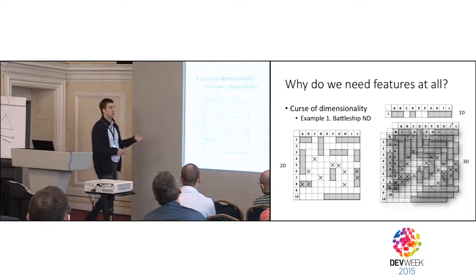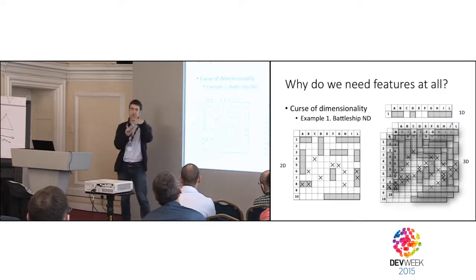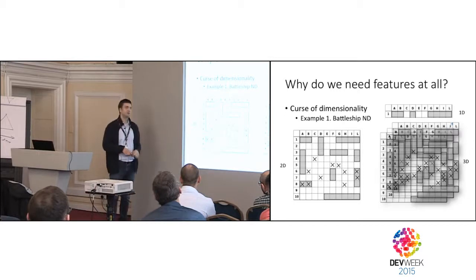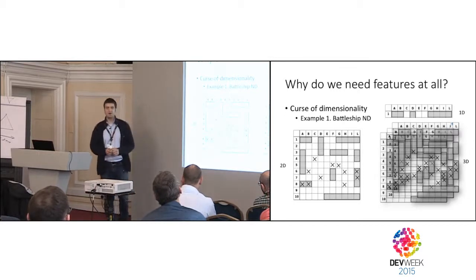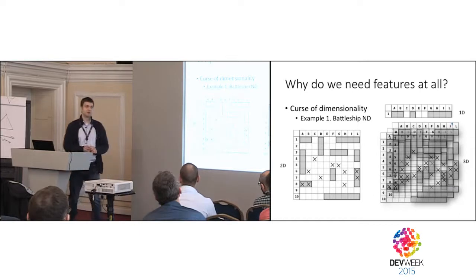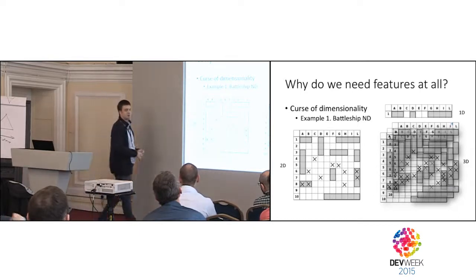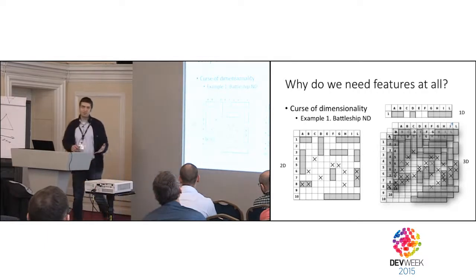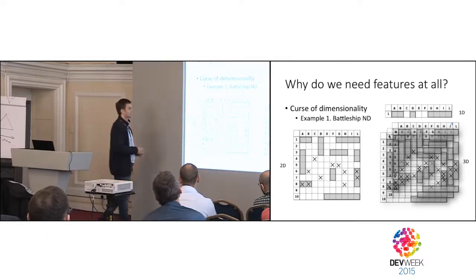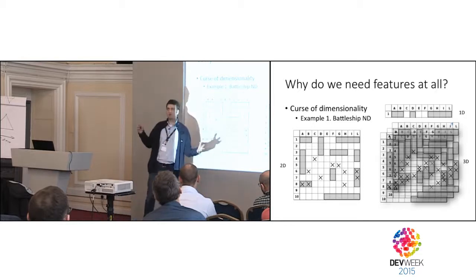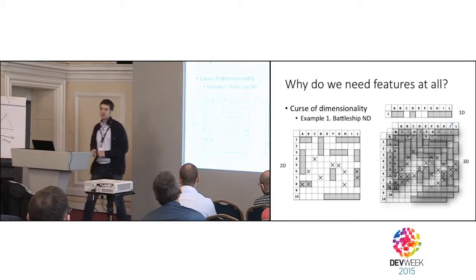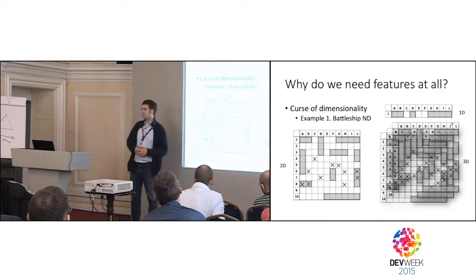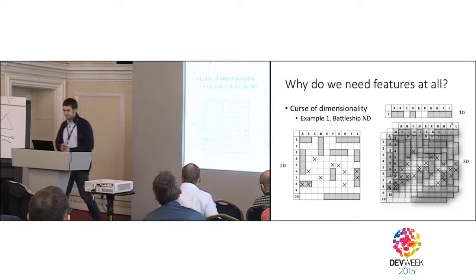And what if we have an image? For example, if we have a small tiny image of a face, which is 80 by 60, this is almost 5,000 dimensions. Can you imagine how big this space is? To fill this space with examples, in order to really understand what parts of this feature space belong to the class face or non-face, you need an extremely big number of examples.